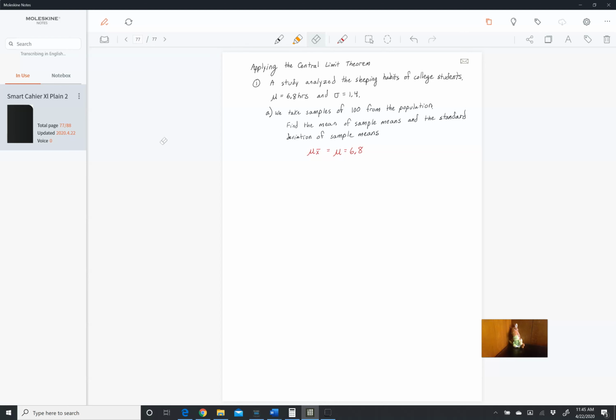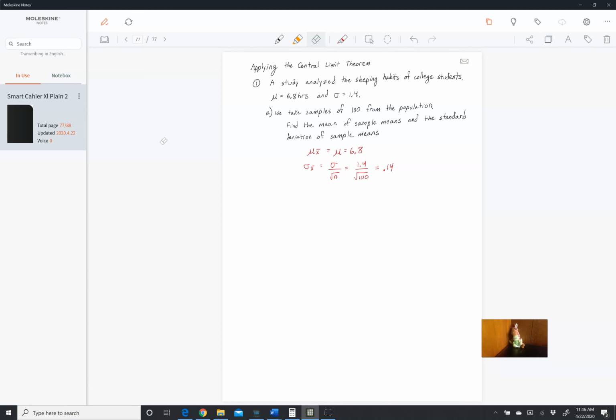And the standard deviation of sample means is equal to the standard deviation over the square root of n. Well, the standard deviation is 1.4, and our sample size is 100. So what does this give us? 0.14.